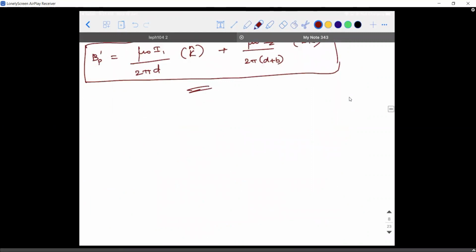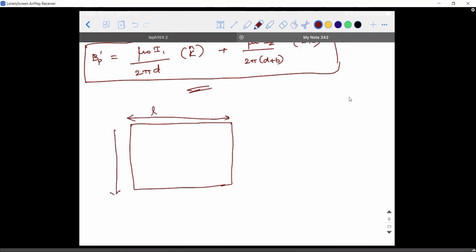Okay. So I will give you another problem. Take it as homework, solve and let me know. Let's say there is a rectangle of length L and breadth B. There is a point P here.